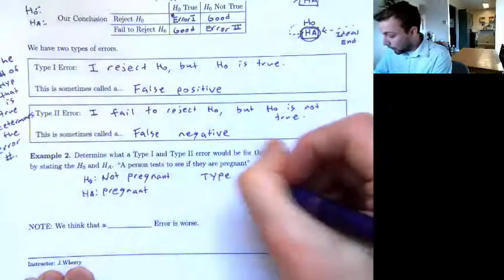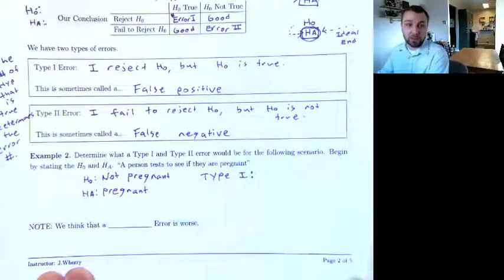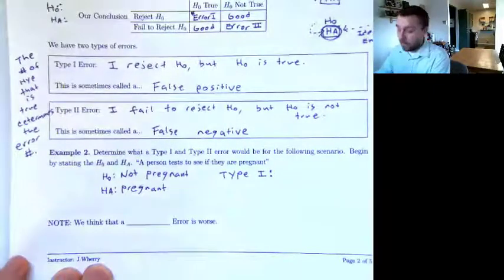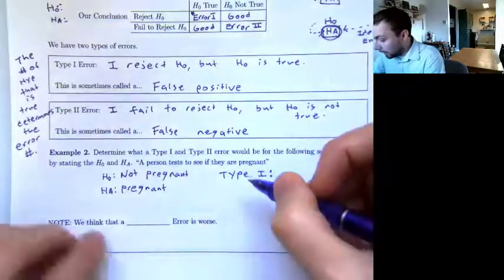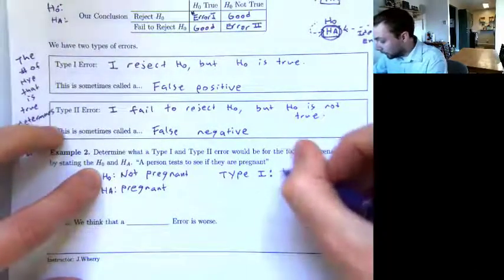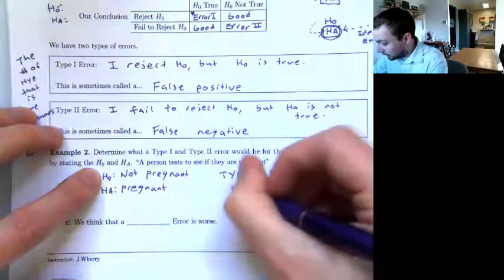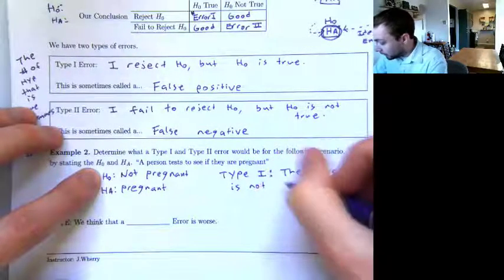Type 1 error. I'm going to use my naming trick on the side here. And for a type 1 error, that means the first thing is actually true. So the person is not pregnant.